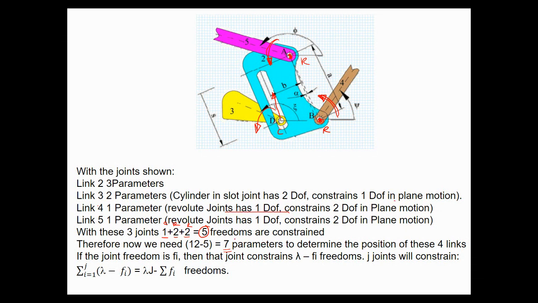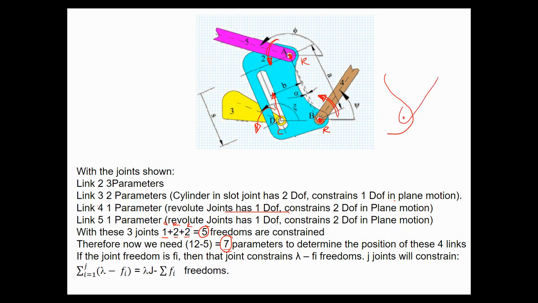Hocam, I think I skipped the part, so link 4 can only rotate around the cylindrical joint, right? So it has just 1 degree of freedom. Yes. So what is the 2 degrees of freedom in plane motion? It's just an explanation, right?